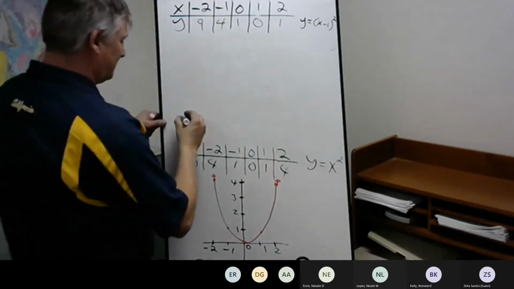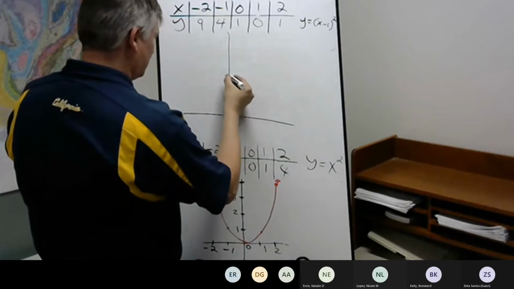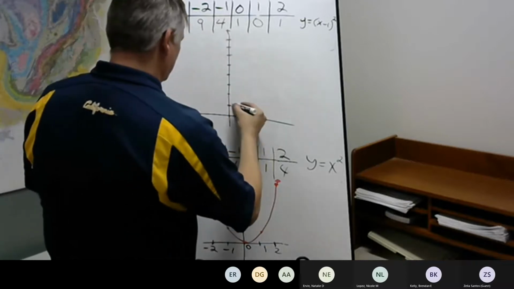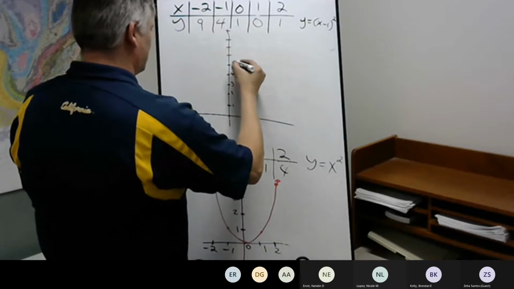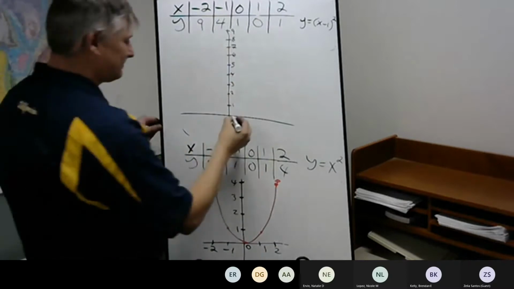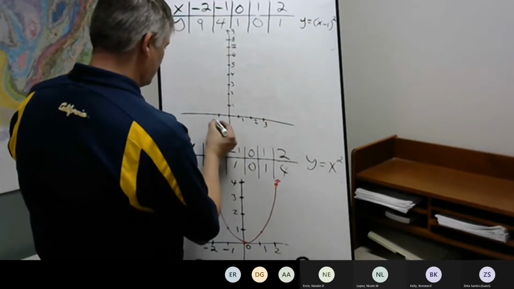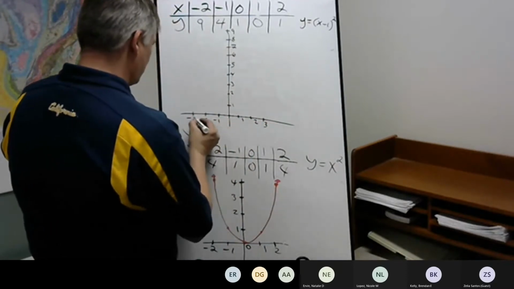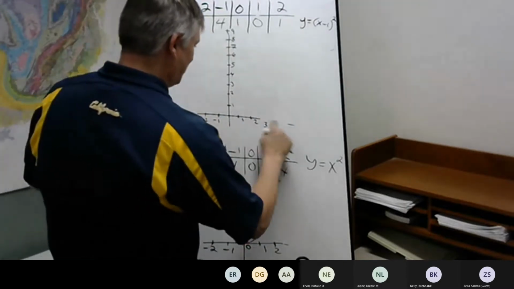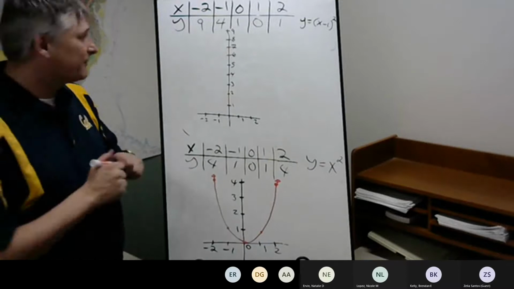So let's see what this looks like. So there's 9 tick marks here, squeezing in. So let's do some graphing.